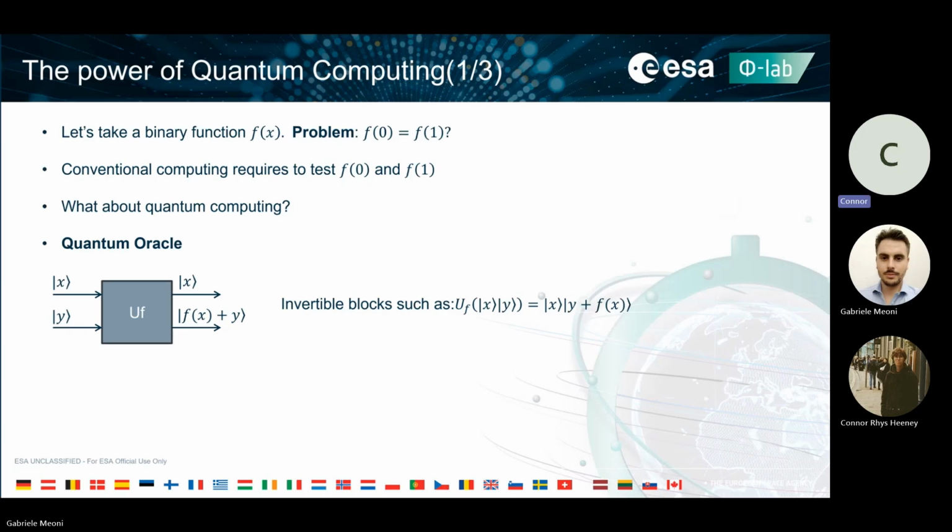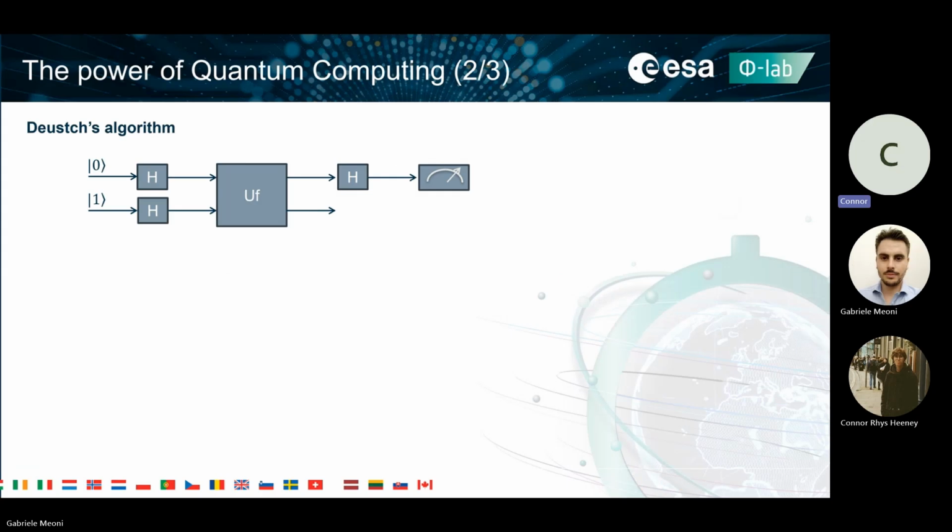So it acts as an oracle for the function itself because it tells you what will be the output. So what's the interesting purpose of this? There is an algorithm called the Deutsch algorithm, I hope I'm pronouncing correctly, that solves the problem for you in a very efficient way.